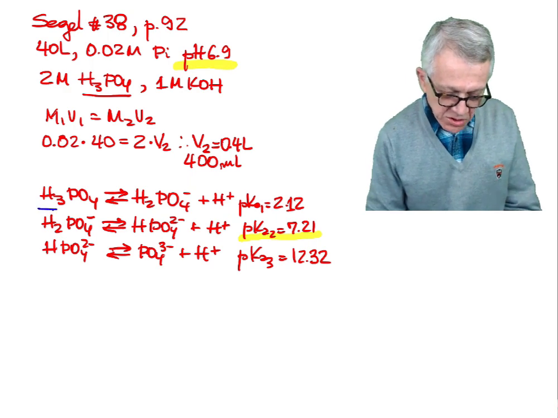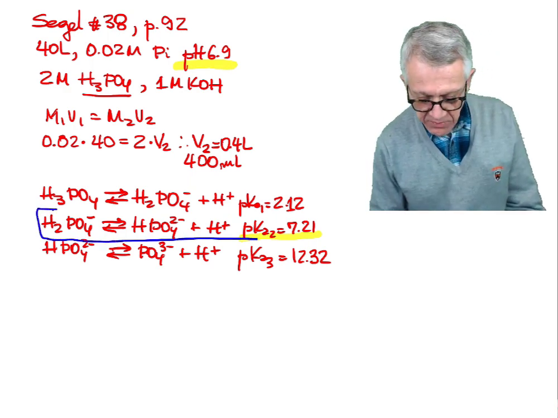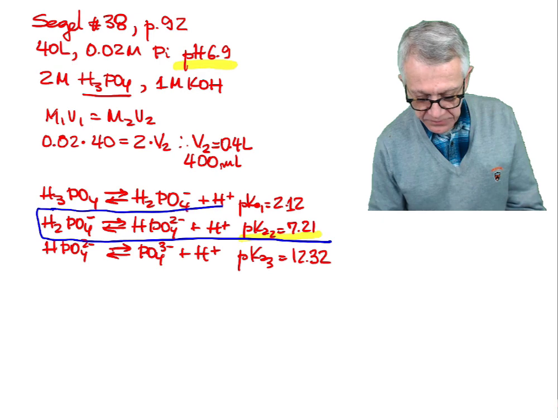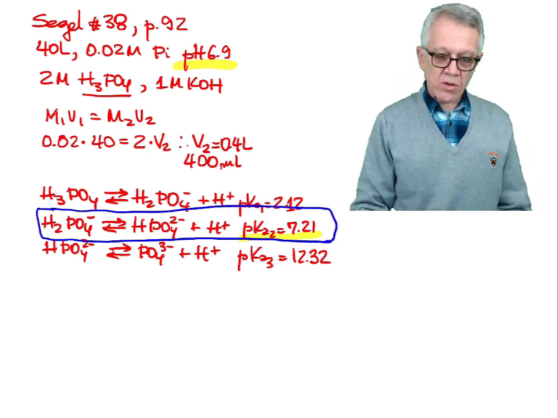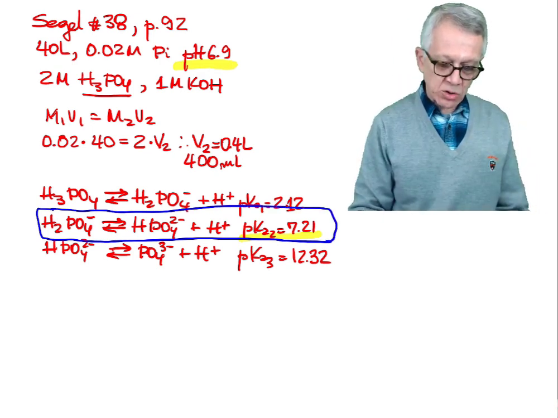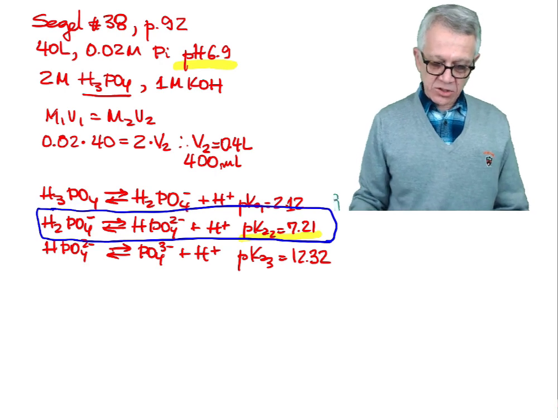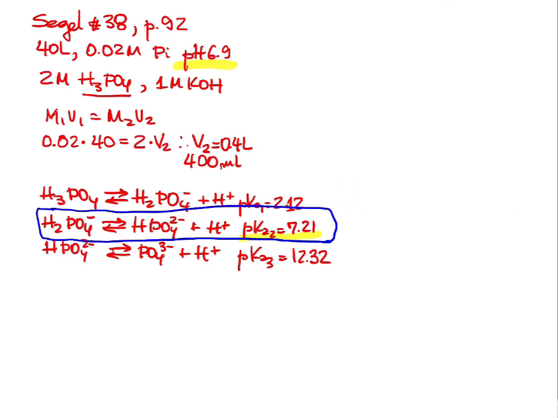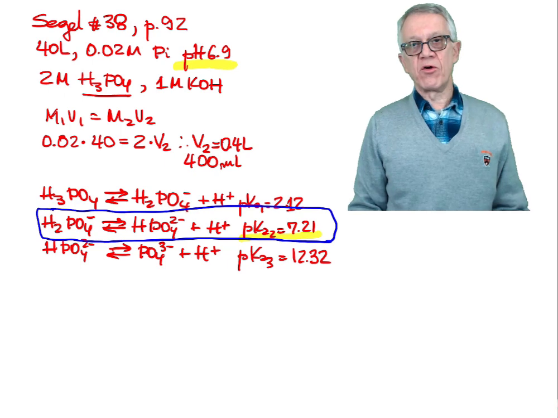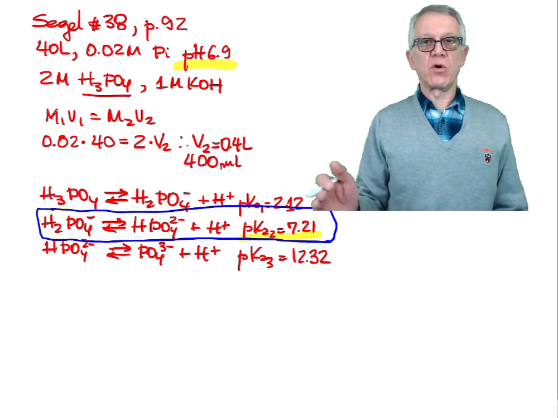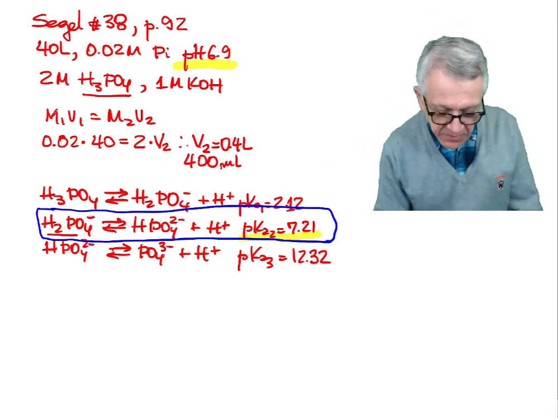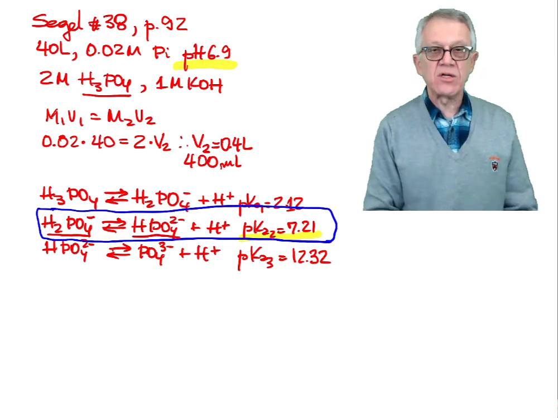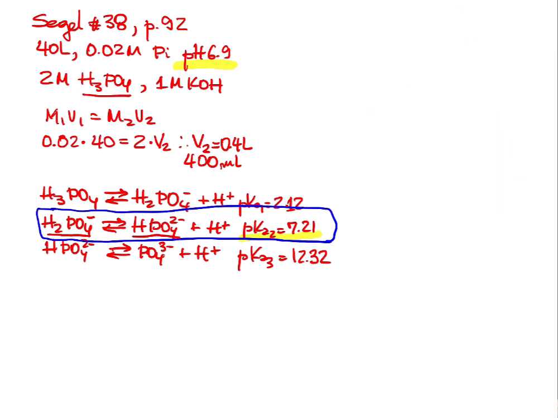So the second stage is the most important one, right? What you want to do to make a solution of pH 6.9 is to have the right concentrations of H2PO4 minus and HPO4 2 minus. These two species, you want to adjust their concentrations so that the pH becomes 6.9.